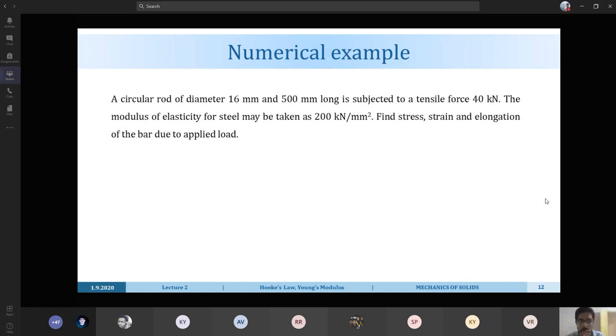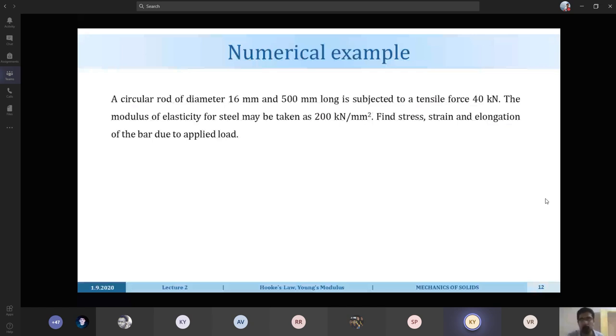Sir, the stress is equal to 40 kilonewton divided by the area, with pi r square, no, 2 pi rh, 14 to 2 pi, 8 into 500, into 10 power 6. Wait, so calculating, sir. Okay.